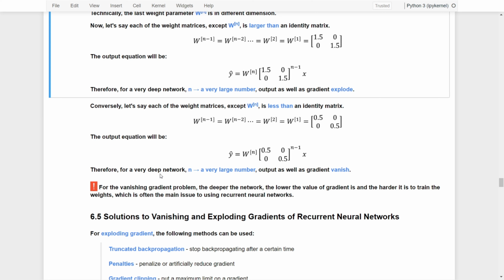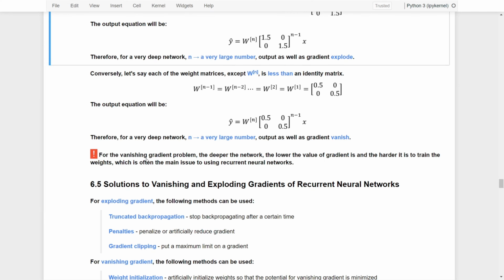For a very deep neural network where n tends to be a very large number, in that case the outputs as well as the gradients will vanish. For the vanishing gradients problem, the deeper the network, the lower the value of the gradient is, and therefore the harder it is to train the weights, which is often the main issue when we are using the recurrent neural network.